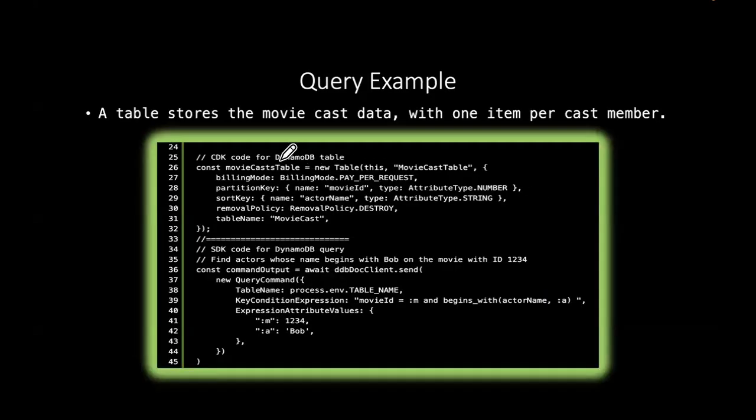Now, you've seen this in the lab. To illustrate some of this, if you remember, we have a table containing movie cast information. The partition key is movie ID again, and I just arbitrarily decided that the sort key is actor name, which is a string in our case rather than a numeric value.